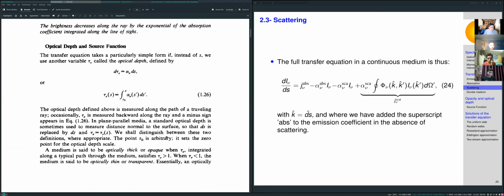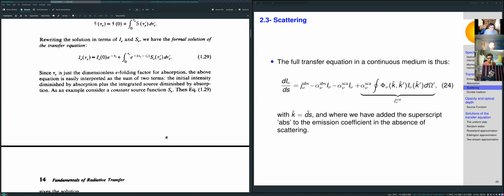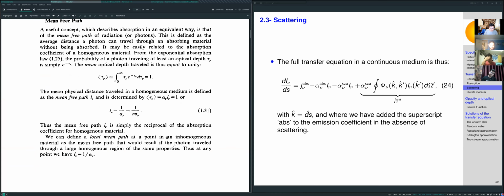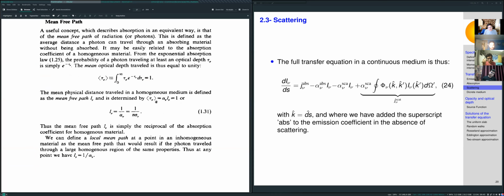So going back here to the mean free path, when we define that this average optical depth be 1, that would tell us where a photon is likely to be absorbed. Of course that is no longer the absorption probability directly, because if it's equal to 1, then tau nu is not much less than 1.